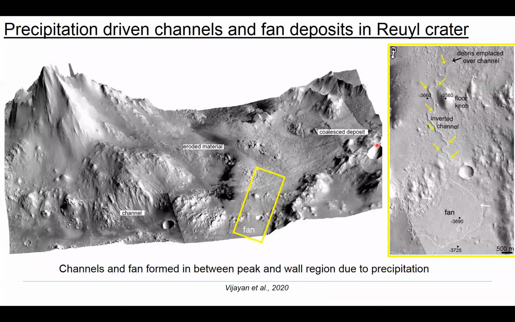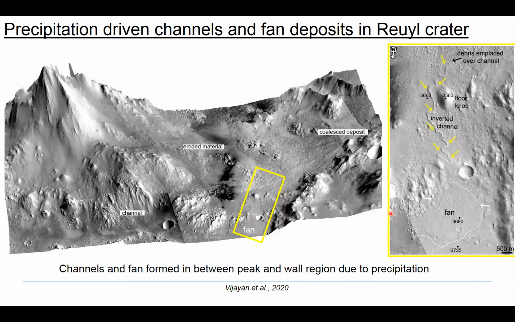If you look over it, this is the floor of the crater, like the valleys on terrestrial surfaces, where channels form in between the mountains, because all the precipitated rainwater comes from the hilltop, accumulates over the floor or the valley, and then starts flowing.